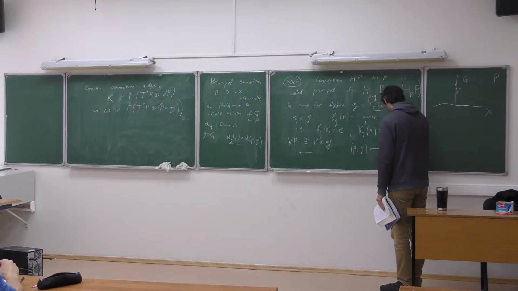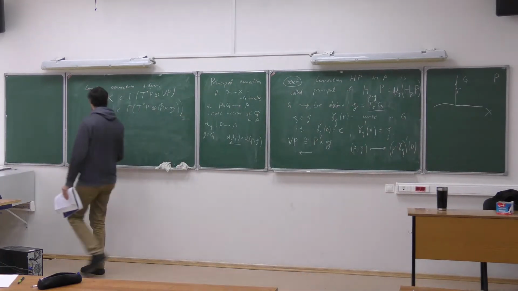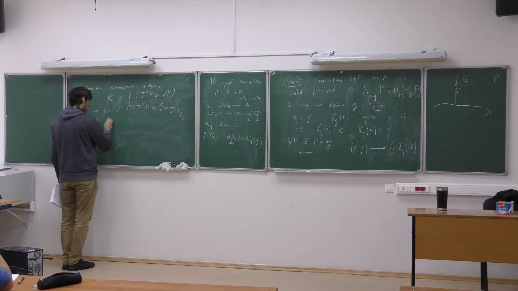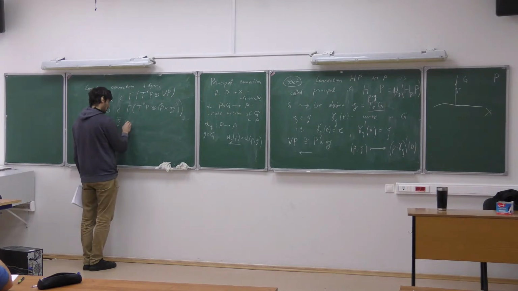So if I have psi, an element in G, I would like to consider what I will denote psi bar, which is a vector field on P.